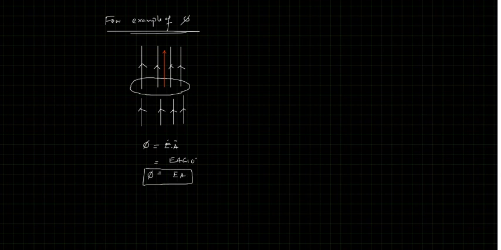Let us see another example. Let's say I again draw the same circular shaped area. This time let the electric field go like this. This is the electric field. The direction of electric field is this way.